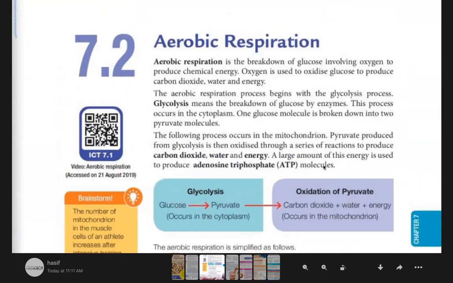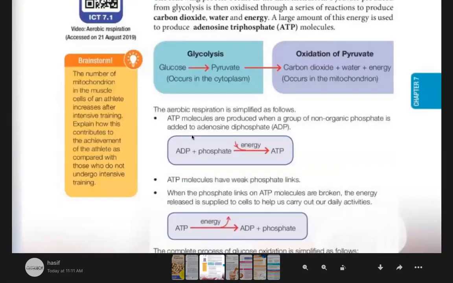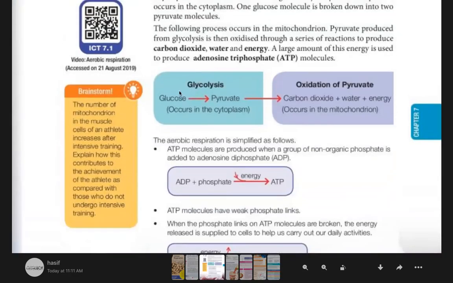Lepas tu baru oxidation of pyruvate. Same goes to the anaerobic respiration atau fermentation. Glycolysis will still happen where the glucose will be converted into pyruvate by enzyme, and this occur in the cytoplasm.